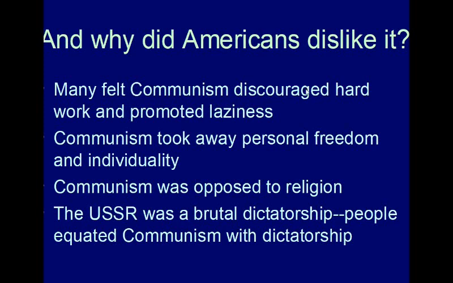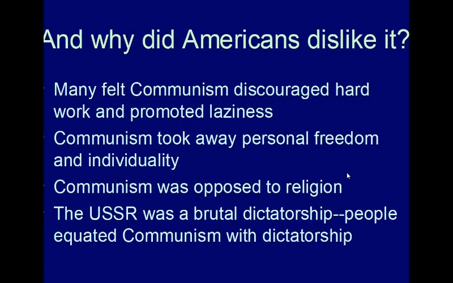Well, a sort of personal freedom that the communism didn't give. So manifest communism discouraged hard work and promoted laziness.